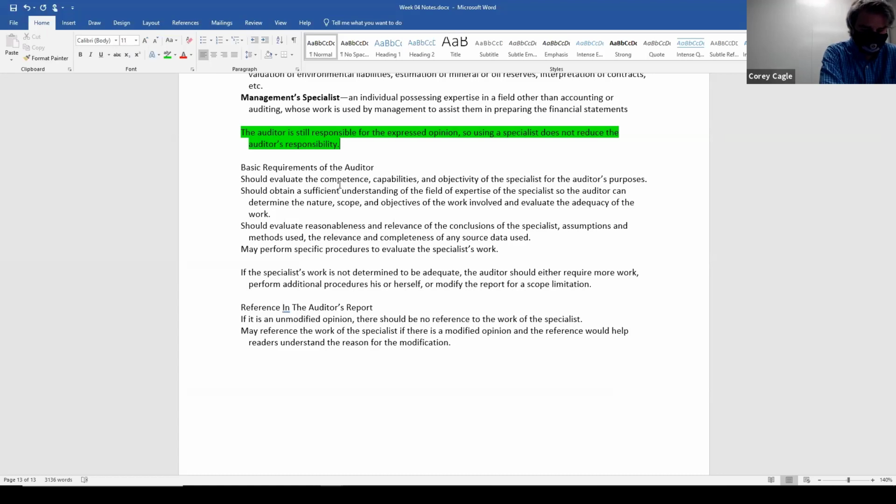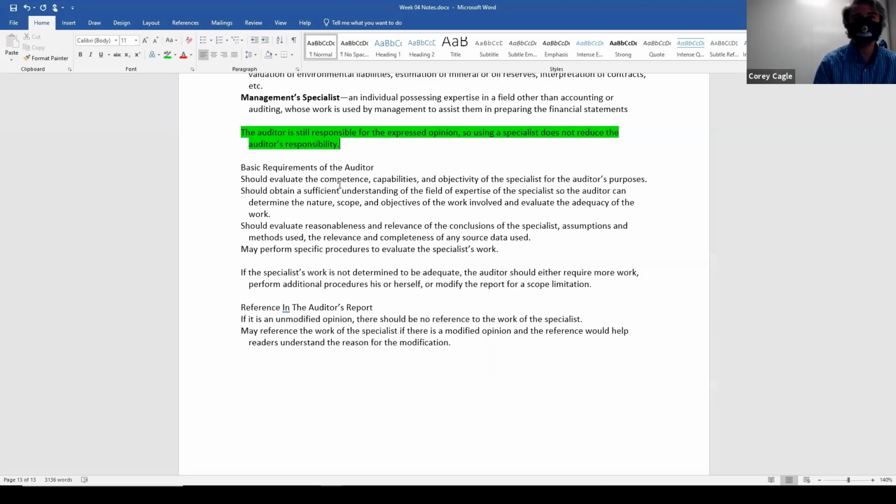We might make inquiries of the specialist to do this. We might perform some kind of procedures to corroborate it if we're able to do that. We might discuss things with another specialist to kind of corroborate. So, do any of those kind of things. What if it turns out the specialist work is not adequate?